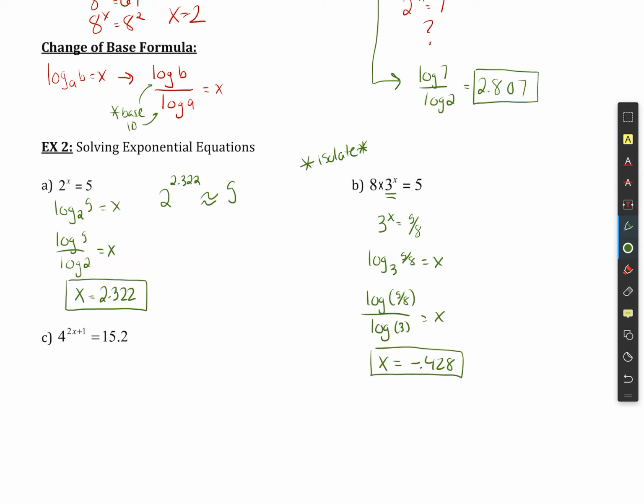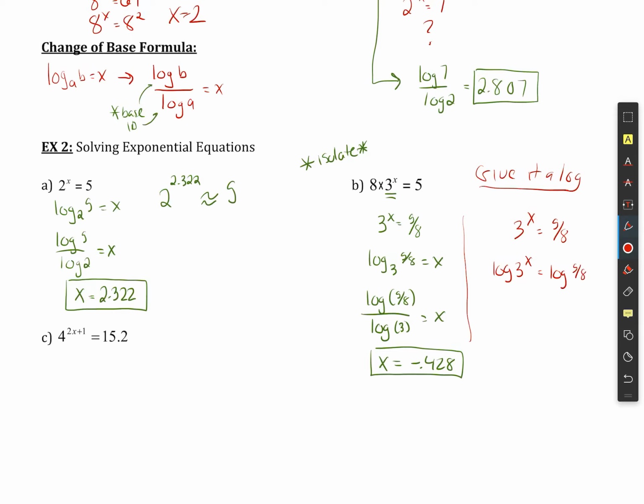All right, now with this example, I want to talk about a second option. Some people may like the second option better. I call it give it a log. And there's nothing wrong with doing the current method or this new method. So if we have 3 to the x equals 5 over 8, and you don't want to convert to log form, we could balance things by just giving each side a log. So I make this log base 10 of 3 to the x equals log base 10 of 5/8.